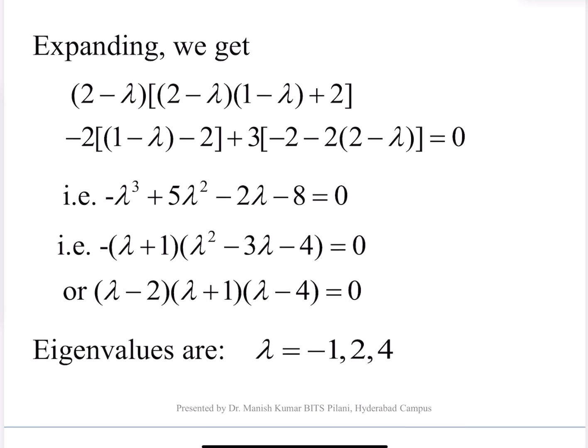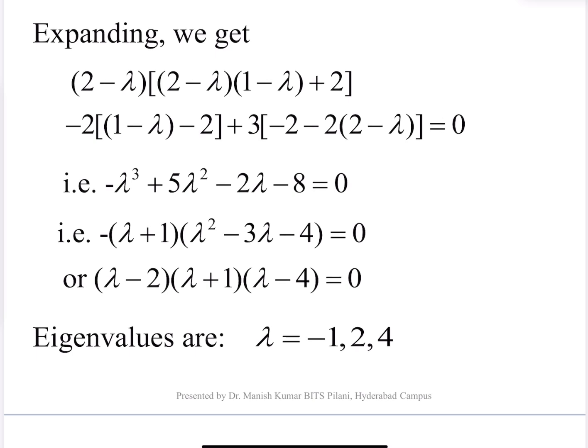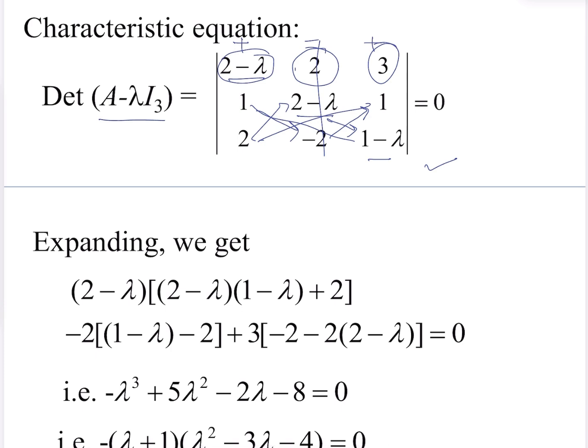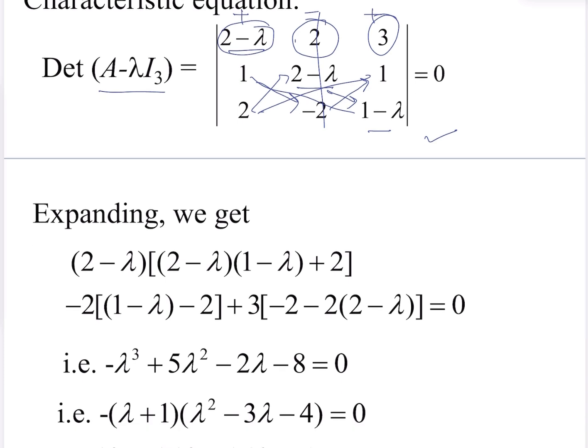Now the characteristic equation is nothing but this, and the determinant must be 0 as per the definition. Once you solve these equations, you just find the determinant. You know how to find the determinant, right? Multiply and subtract, with signs positive, negative, positive, then take the minor coefficients, this into this into this, and similarly for the others.